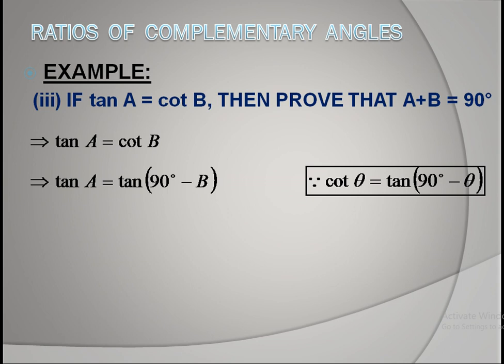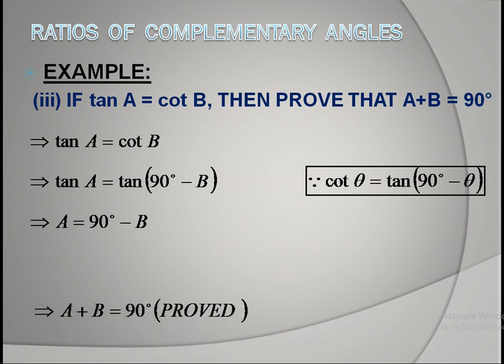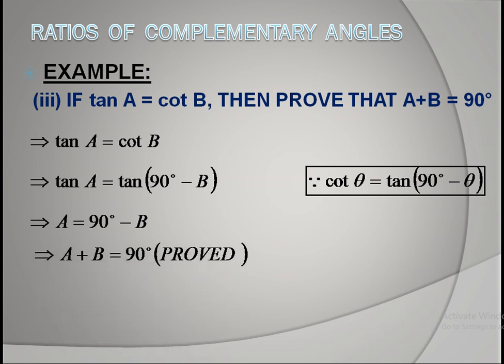Here theta is equal to B. So cot B is equal to tan(90 degree minus B). This implies A is equal to 90 degree minus B. This implies A plus B is equal to 90 degree. Proved.